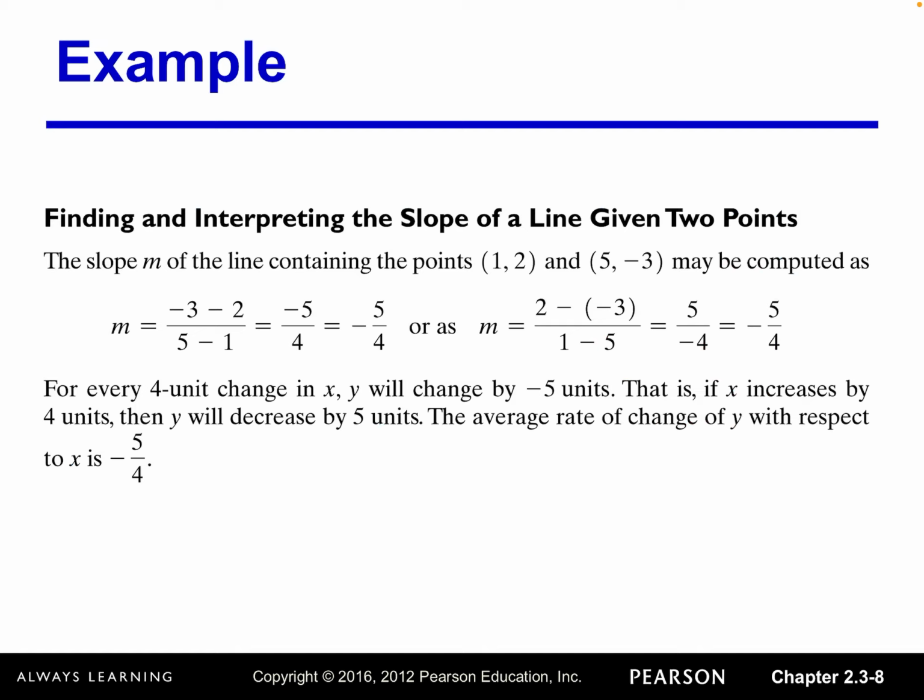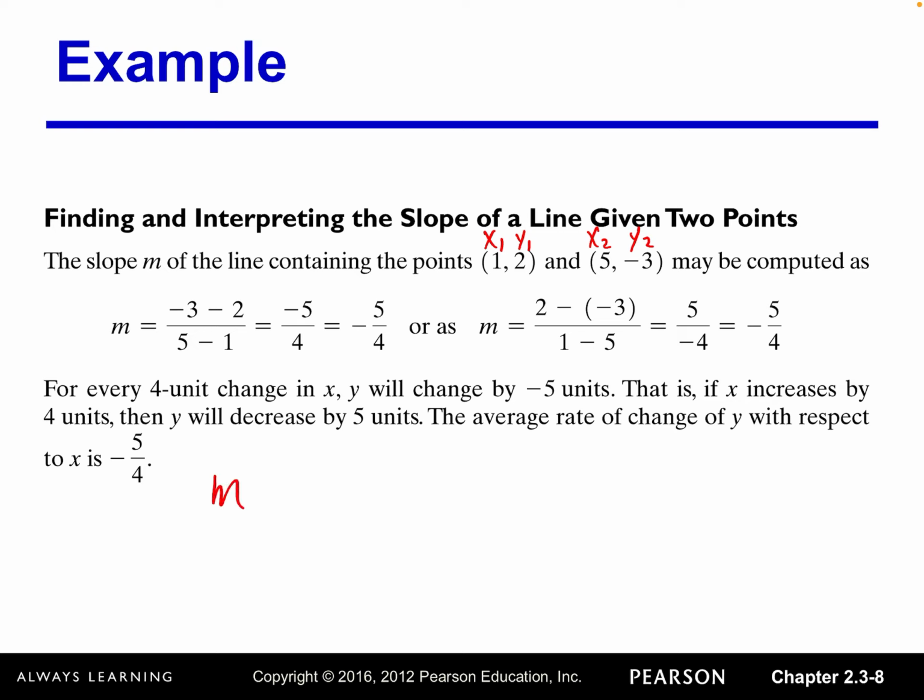Now let's look at an example: how to find the slope of a line given two points. If we denote one point as (x1, y1) and the other point as (x2, y2), it doesn't matter which point you denote as the first point and which as the second point.